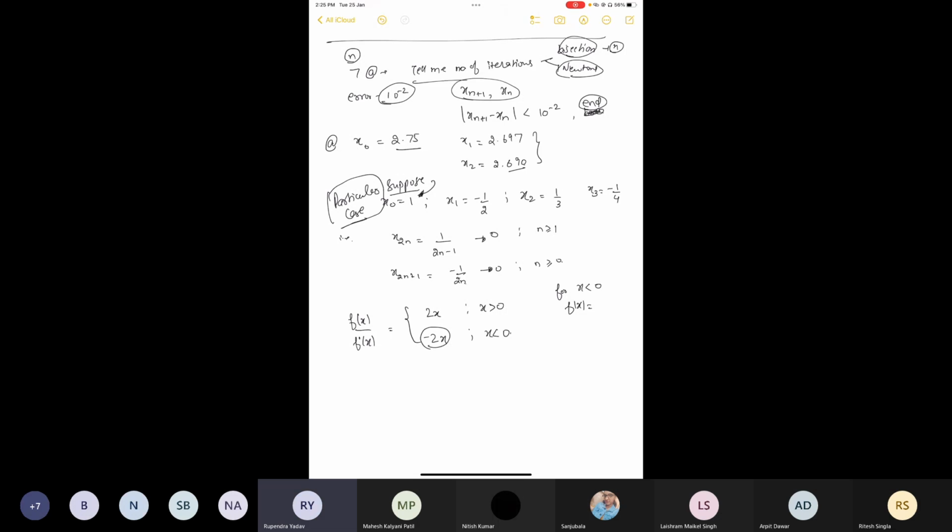Minus of root of minus x. What will be f prime(x)? Minus of 1 by 2 root of minus x. Is it correct? 2 minus 1.